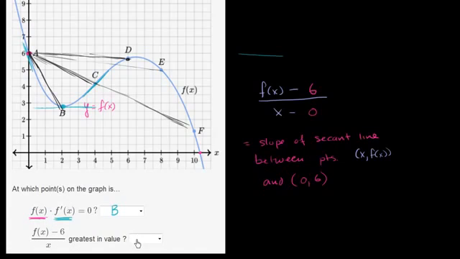Well, when we're looking at point D. At point D, x is equal to 6, and it looks like f of x is like 5.5 or something. So this will turn into f of 6, which is 5.5, or maybe even less than that, 5 1/3 or something, minus 6 over 6 minus 0. That's how we'll maximize this value. This is the least negative slope of the secant line.